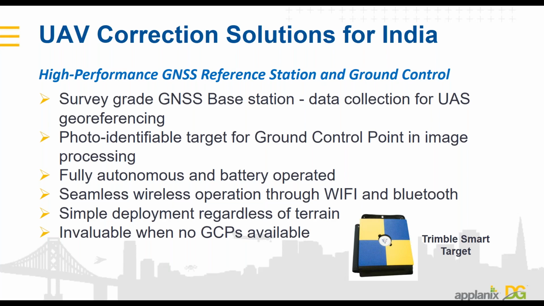If you're just flying local areas, then this is a great solution. This smart target doesn't cost a lot of money. You can simply toss it into your project area and turn it on using a smartphone, with a very nice application, and it works very well. It helps us get that data from, say, a meter in accuracy down to a couple of centimeters.